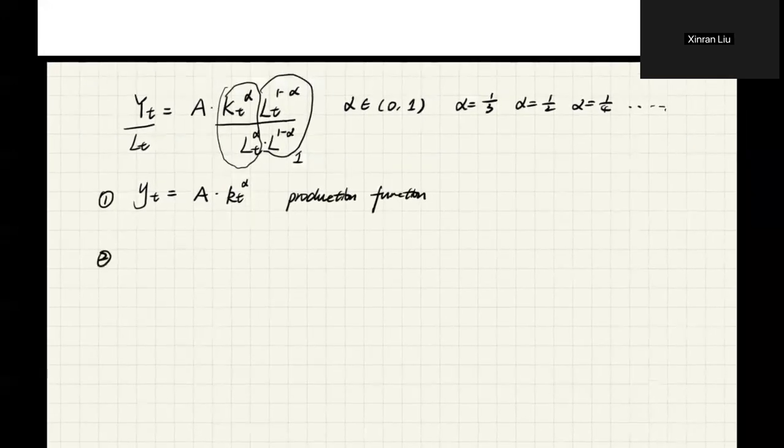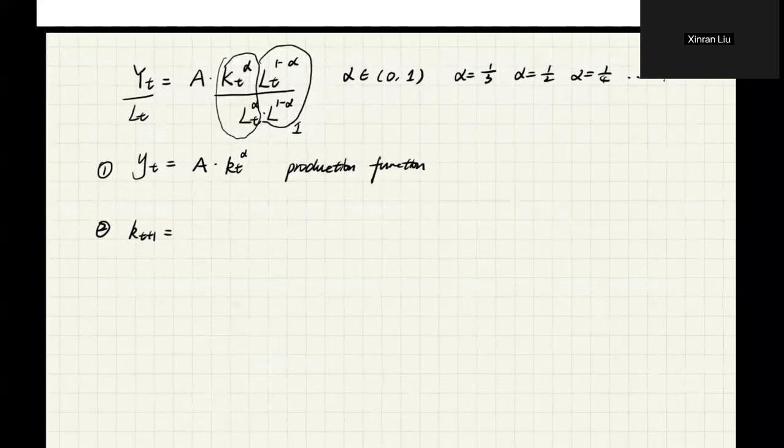The next one is the capital accumulation equation. Understanding it is very good because you don't need to memorize it. k_t plus 1 represents the next period's capital per capita, and it comes from two sources.